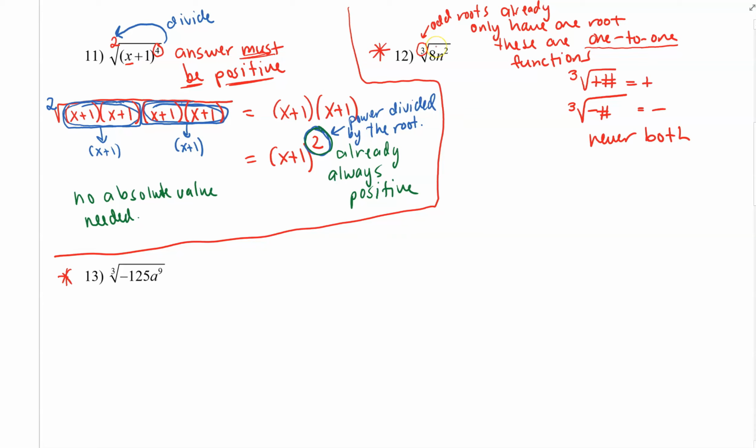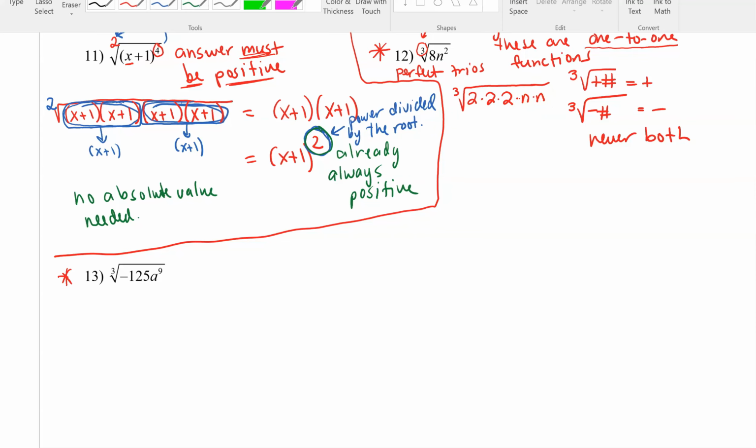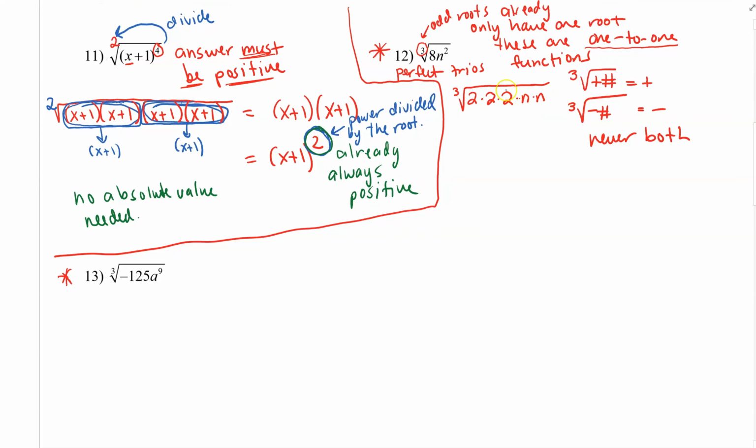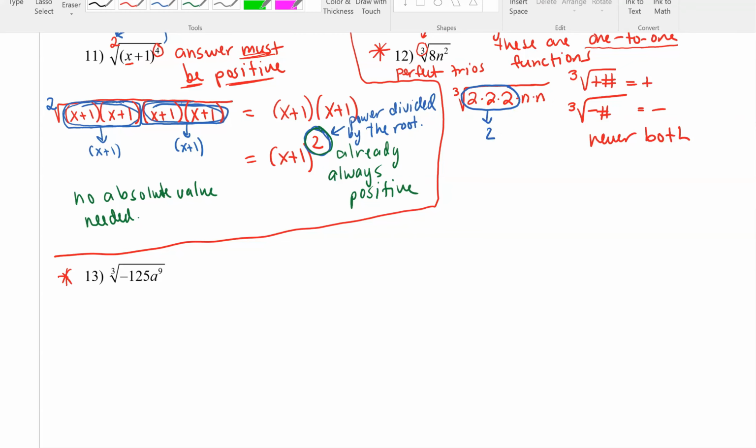And in this case, since it's a cube root, we're looking for perfect trios. So if I factor 8, right, I get 2 times 2 times 2, and then n squared is n times n. So we can see we didn't have enough n's. I can't take out any n's because you need at least 3 to get a perfect third root. But I do have a cube root of 2.